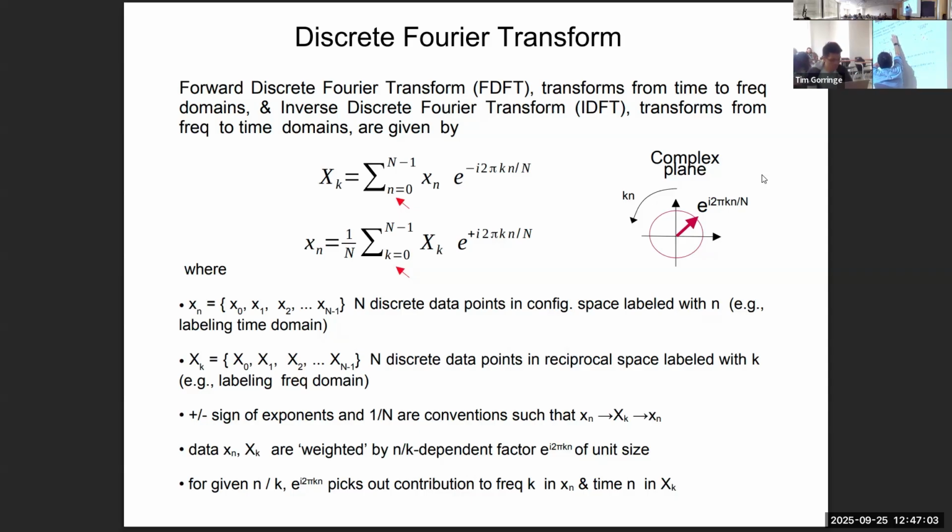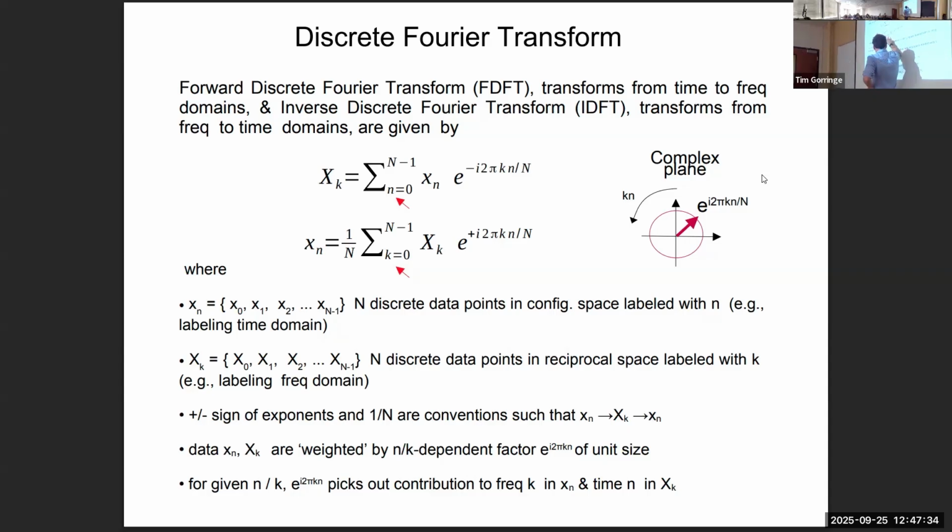So if you look at the two equations, you can then see, once you recognize the lowercase x's and the uppercase X's, that the first equation is computing the frequency series data corresponding to some time series data. So on the right-hand side, we've got lowercase xn, that's the data in the time domain, and we're converting it to the frequency domain.